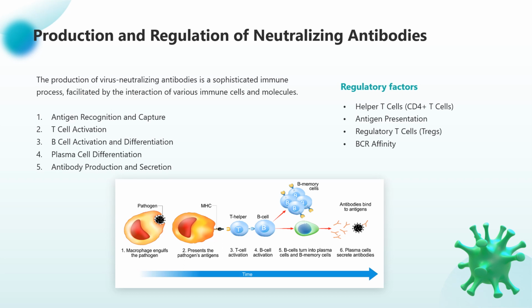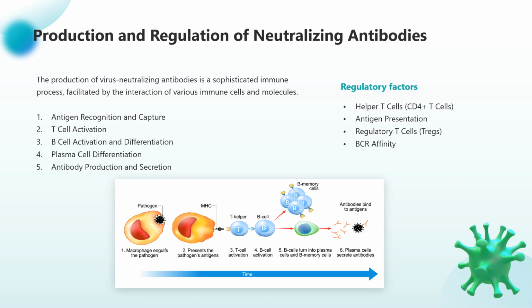These activated T cells then bolster B cells that have processed the same virus, helping some transform into plasma cells. These plasma cells become antibody factories, producing and secreting antibodies tailored to fight the specific virus, releasing them into the bloodstream to neutralize the threat.